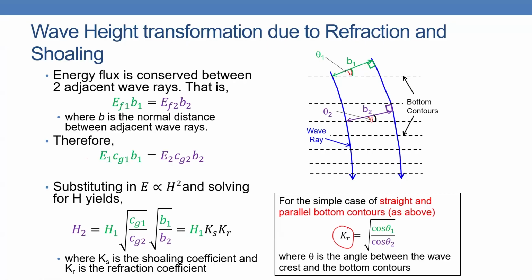So for these two angles, it will be different. And then you will get a refraction of those two. So then you are able to calculate the wave height at the shallow water, which will have one the shoaling coefficient, and another one the refraction coefficient. So we are able to get to the calculation of that.